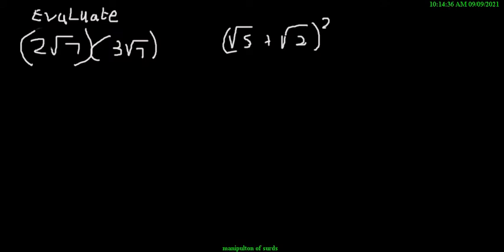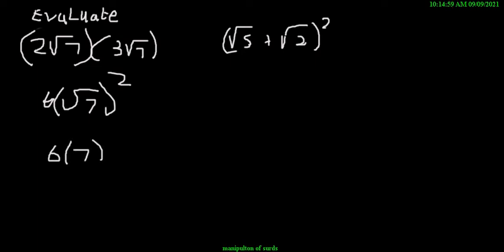So this is simply going to be 2 times 3, which is 6. Square root 7 times square root 7 is 7 squared, so the square root is going to cancel out, giving us 6 times 7, which is 42.